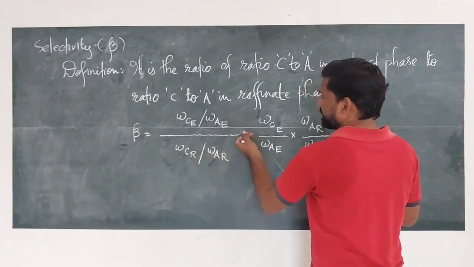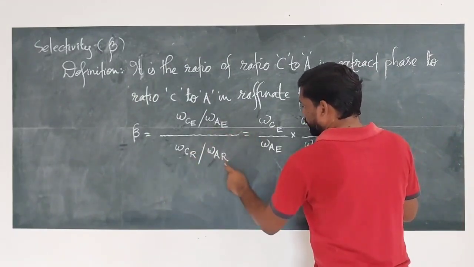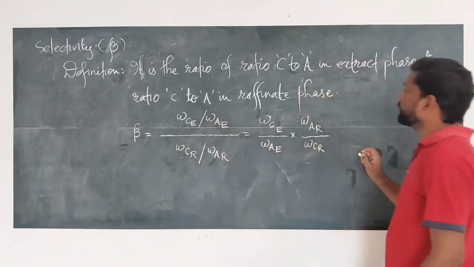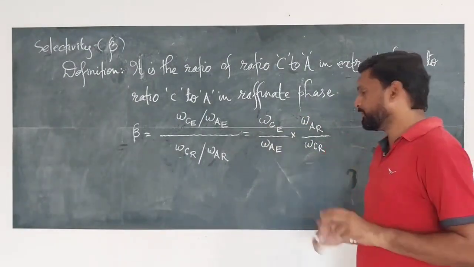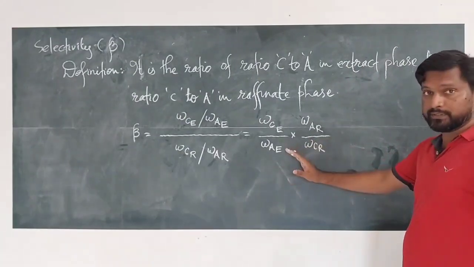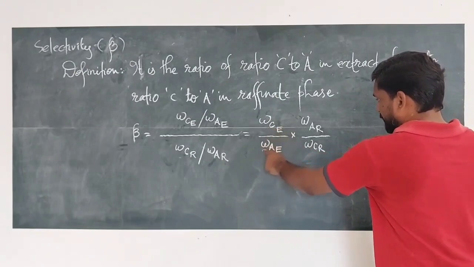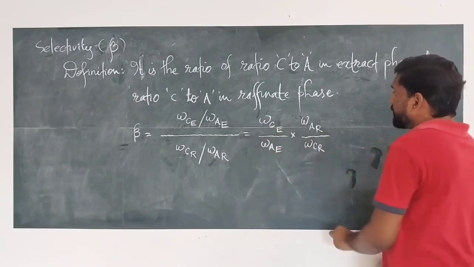It would go in the multiplication. When it goes in the multiplication, the denominator becomes the numerator and the numerator becomes the denominator. This is simple mathematics to be learned in standard 8. Don't worry, if you do not know, I have a simplified form for you. So it's WCE divided by WAE into WAR upon WCR.